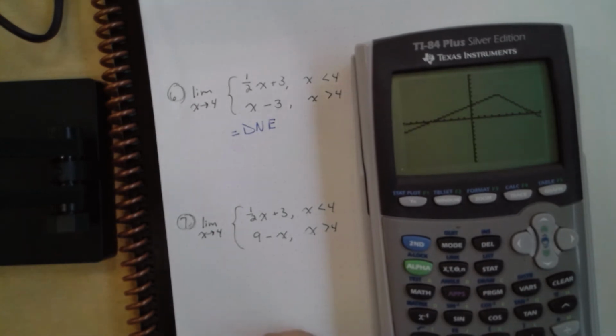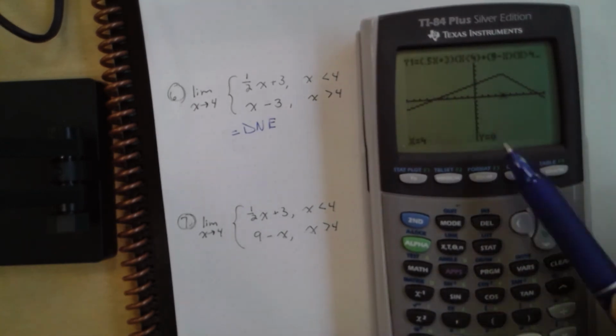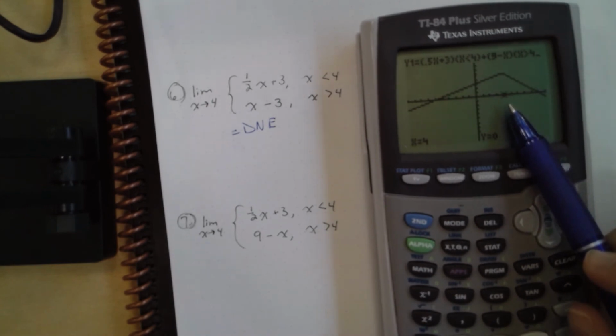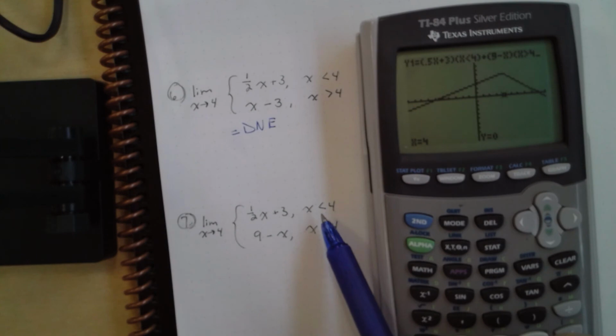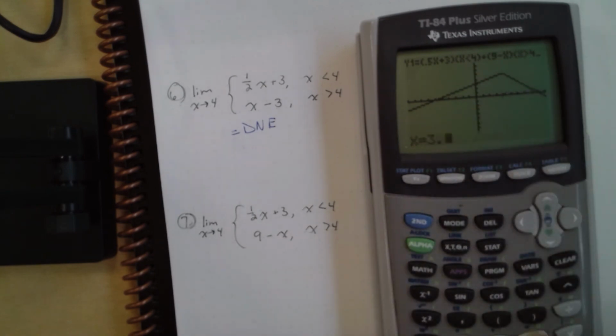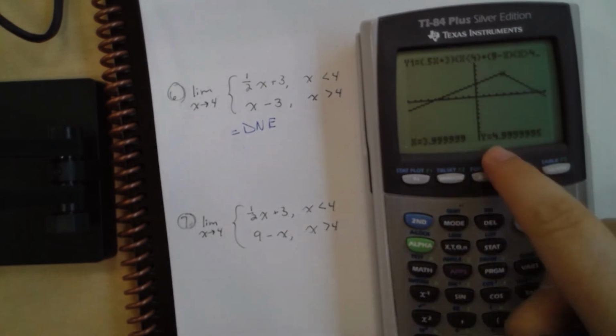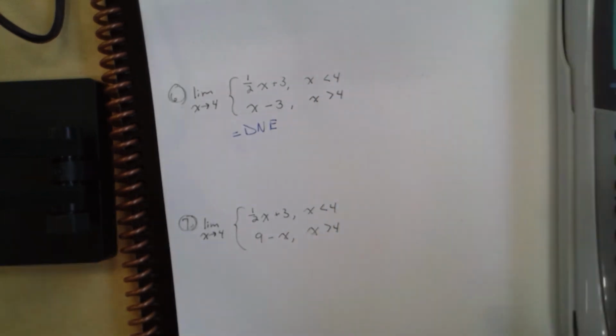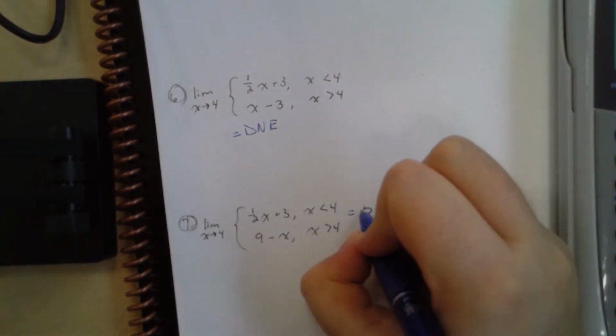I want to trace this at 4, and I have 0 again. We know that that cannot be accurate because we don't have an equal sign underneath our less than and greater than symbols here. So what's our limit going to be? We again trace 3.99999, and we get about 5, and 4.0001, about 4.9. It looks like we're going to be very, very close to 5. So our limit is 5.